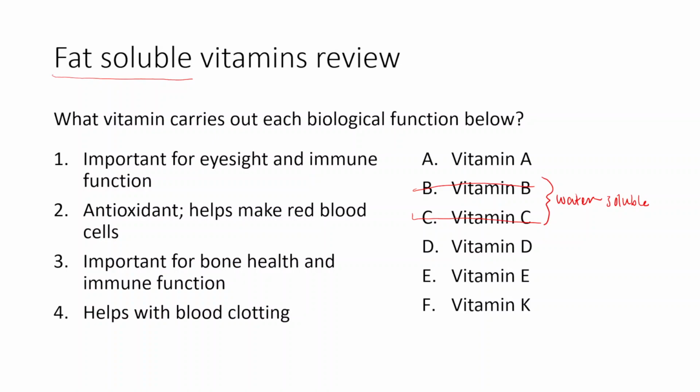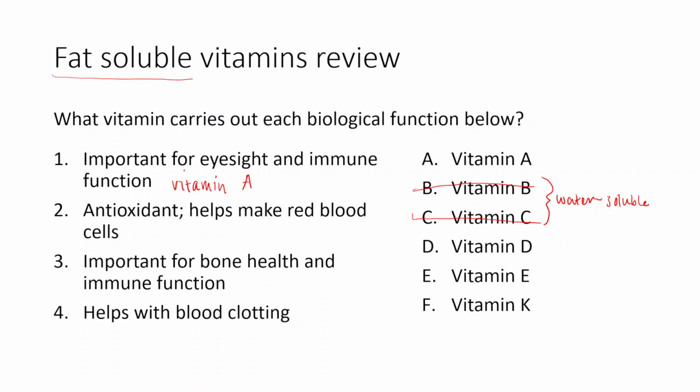So now we have 4 vitamins left and 4 functions, so see if we can make this work out. So number 1, which one of these is important for eyesight and immune function? How about number 2?